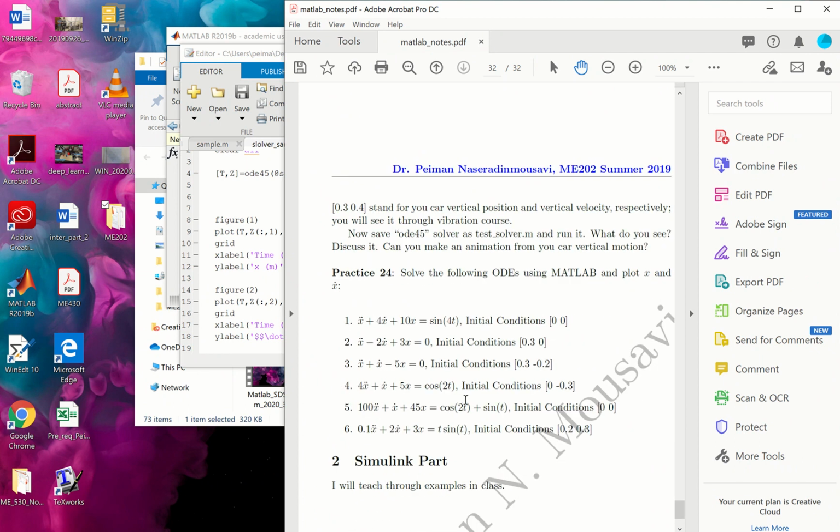Now, guys, as practice, please solve the following ODEs with these initial conditions. For example, I'm doing this one, number 1.